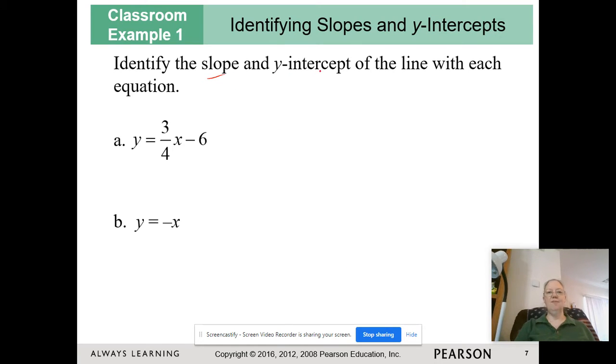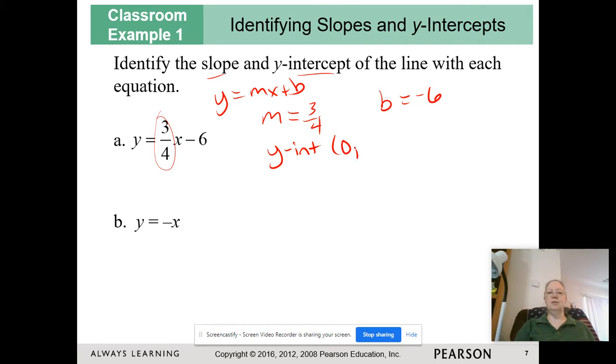Okay, identify the slope and the y-intercept. So y equals mx plus b. My m is this number right here, 3/4, and my b is equal to -6, which makes my y-intercept the point (0, -6).